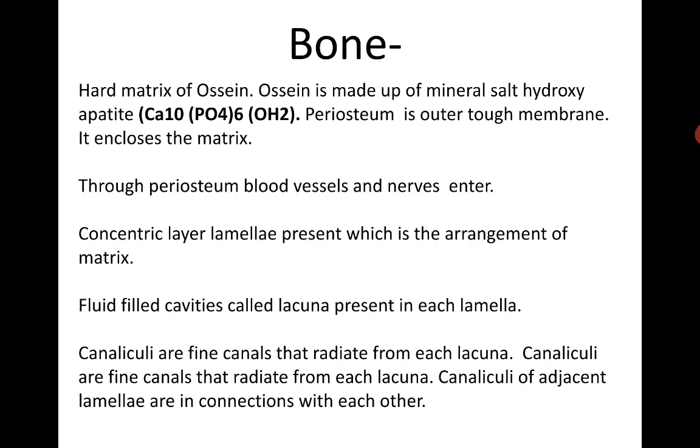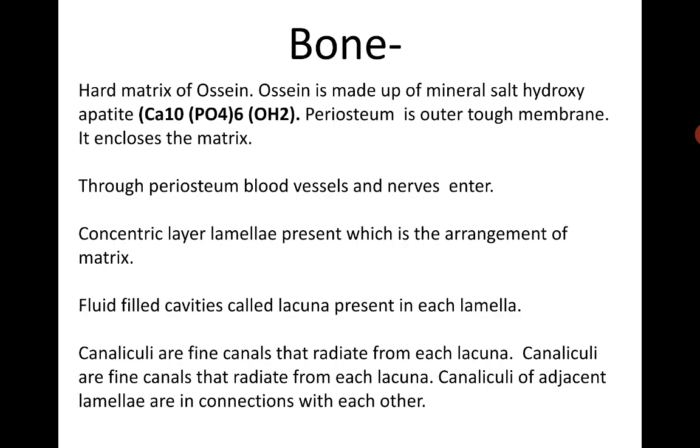The outer covering of bone is called the periosteum. It is an outer tough membrane that encloses the matrix. Through the periosteum, blood vessels and nerves enter.